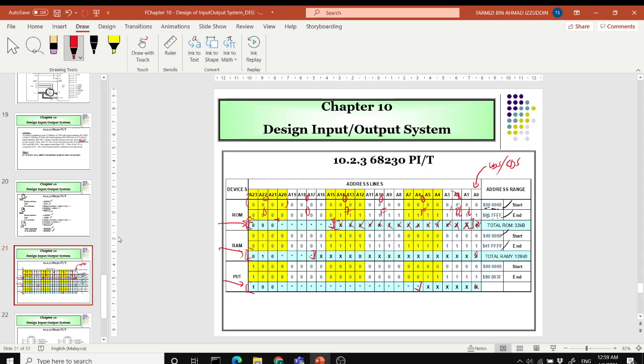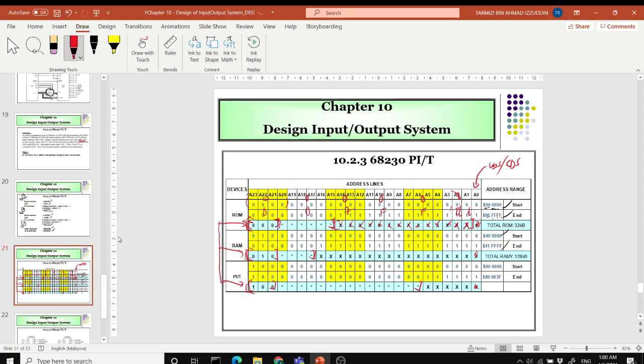If you look at the last 3 pins over here, if you use these 3 pins, we can actually specify which device is going to talk to your 68K, by using the last 3 pins over here.